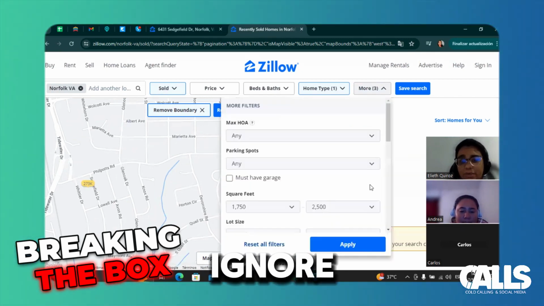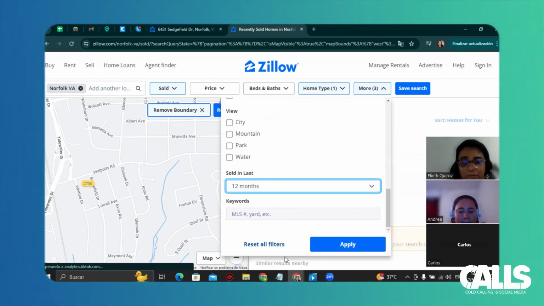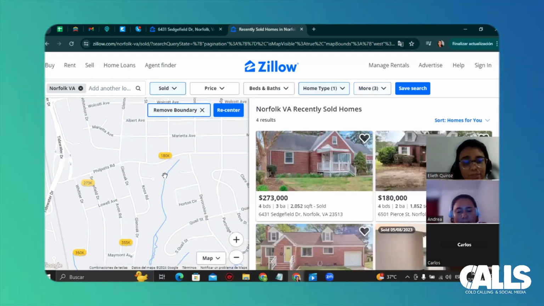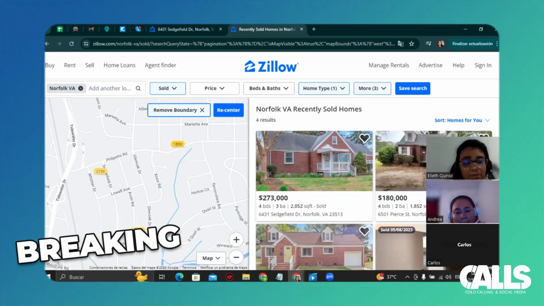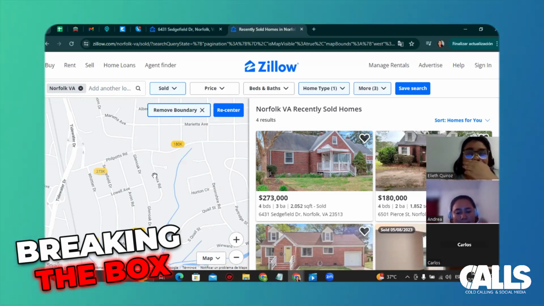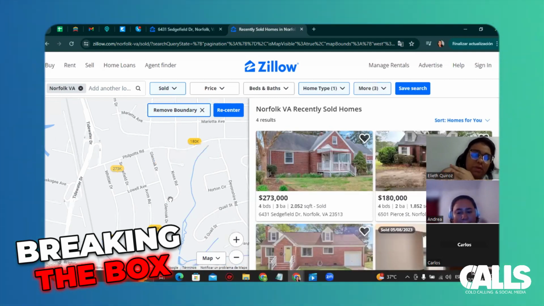We're gonna ignore that one because it's the subject property. Let's say 12 months. See this? 350, 355, 180. So which one do you believe is closer to the property?